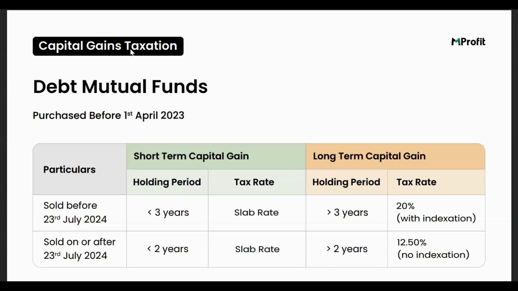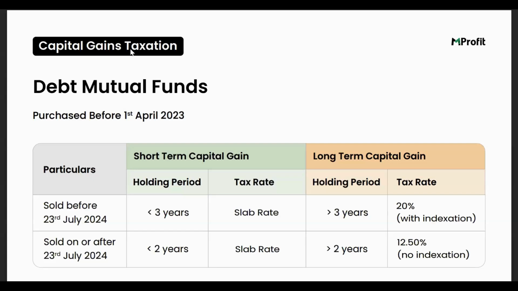So, for any mutual fund purchased before 1st of April 2023, but sold before 23rd of July 2024, the holding period definition is that if you are holding the mutual fund for a period of 3 years and then selling it, it will be classified as a long-term capital gain.